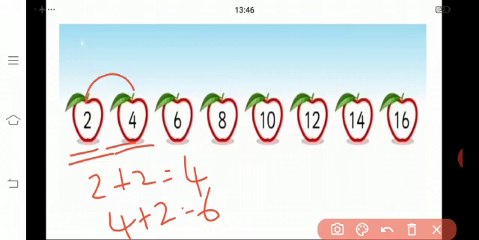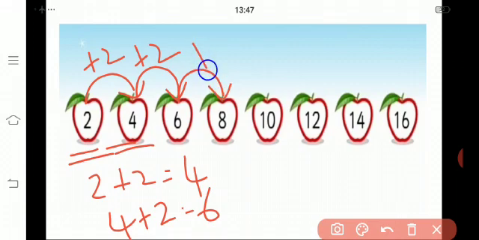So, if you add 2 with 2, we get 4. If you add 2 with 4, we get 6. If you add 2 with 6, we get 8. If you add 8 with 2, we get 10.